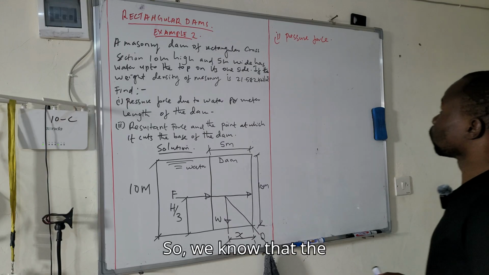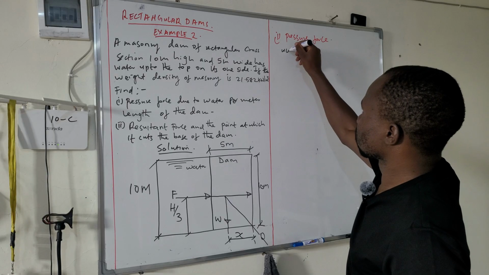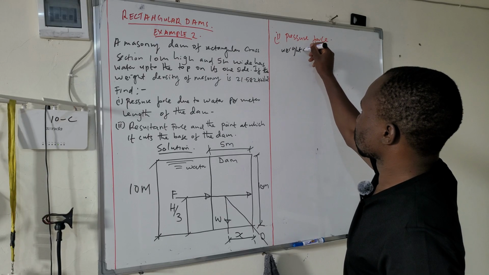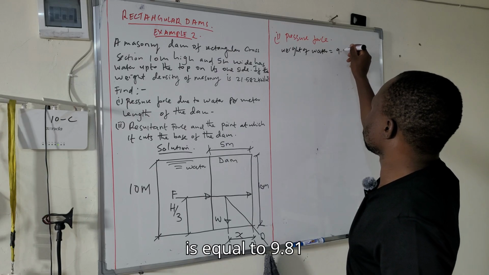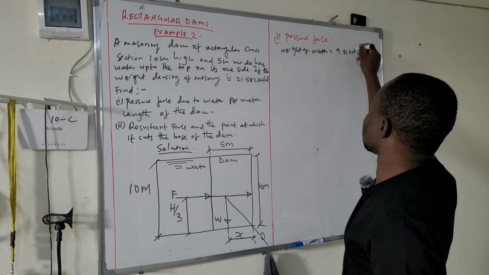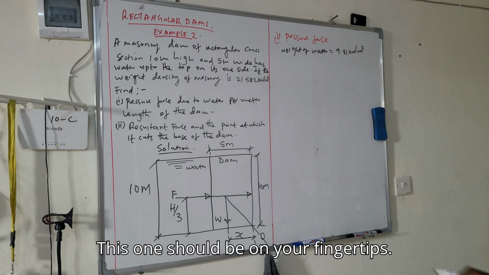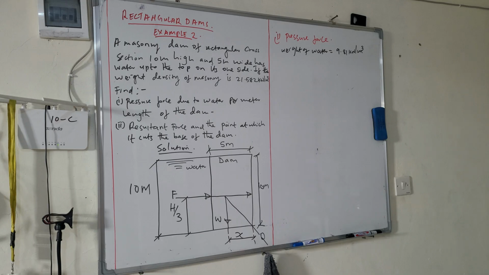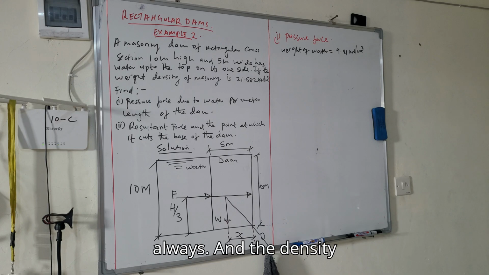So we know that the unit weight of water is equal to 9.81 kilonewton per meter cubic. This one should be on your fingertips. It is something that you should know always.